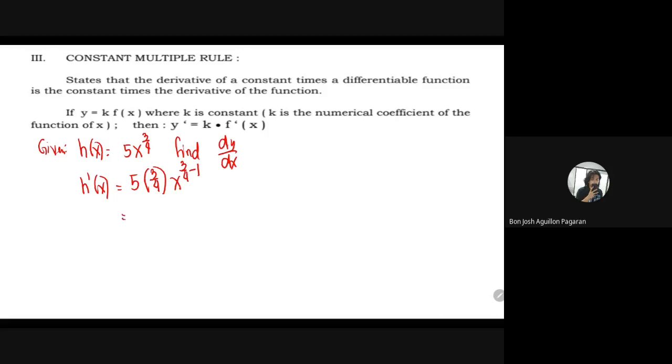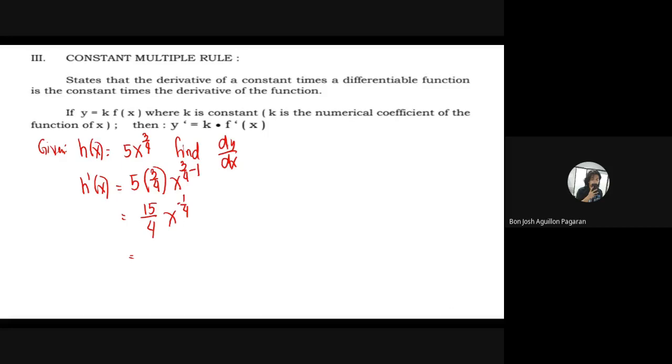So we have 5 times 3 over 4, that's 15 over 4, times x to the 3 over 4 minus 1, that is negative 1/4. Since a negative exponent is not accepted in mathematics, we have to get the reciprocal of it to make it positive.